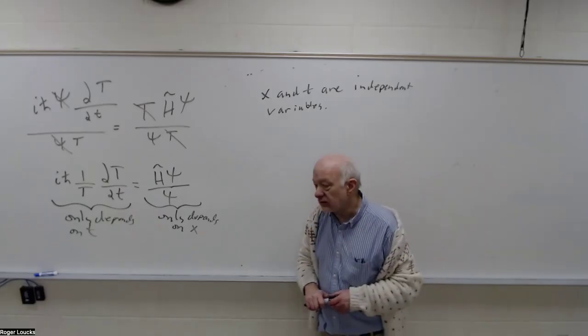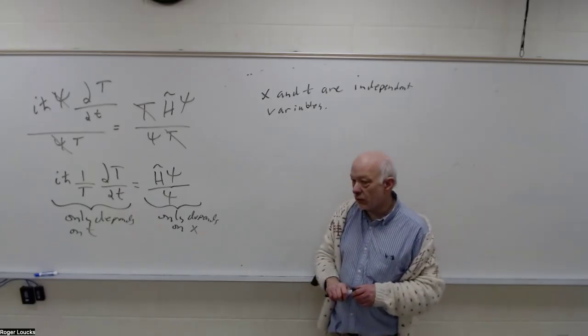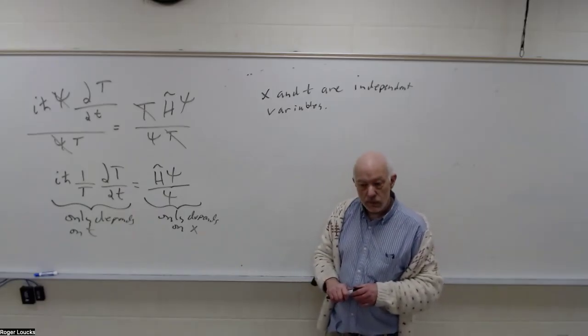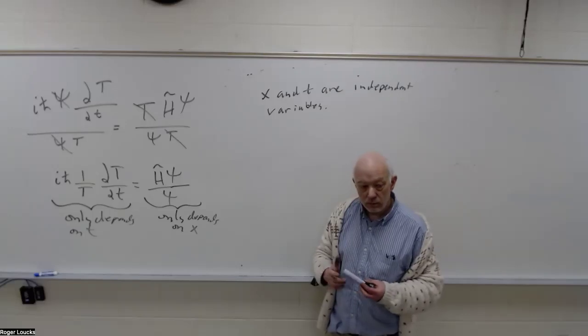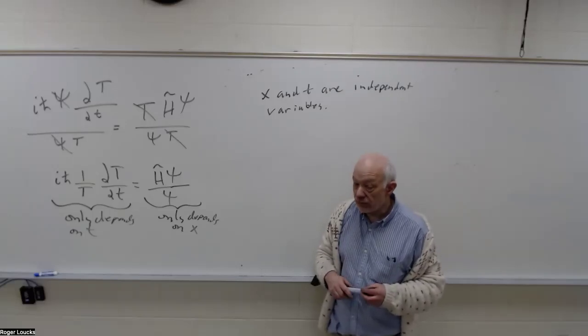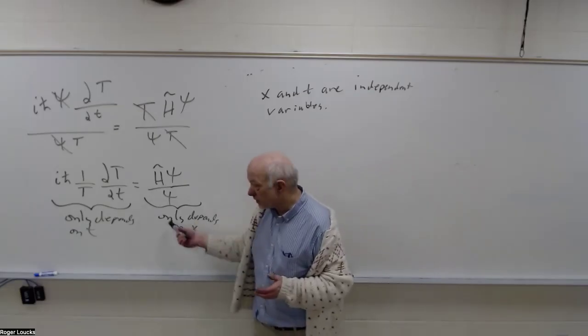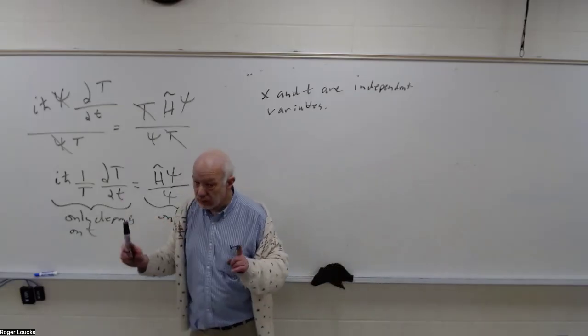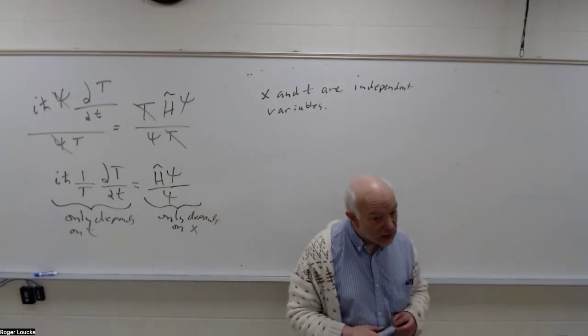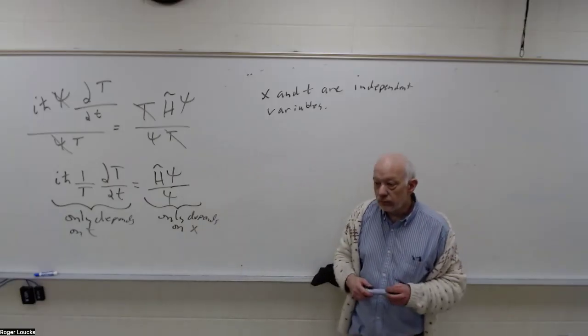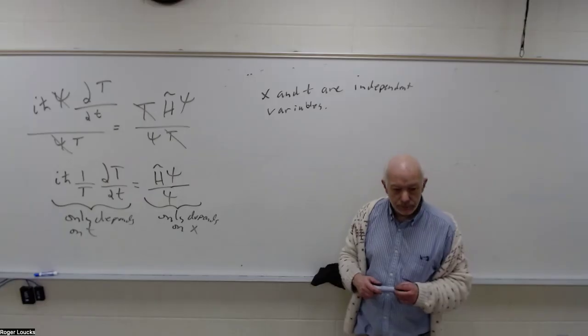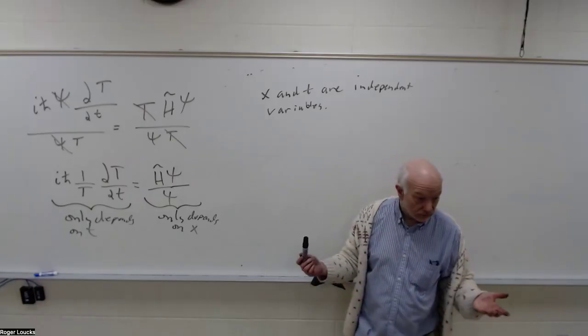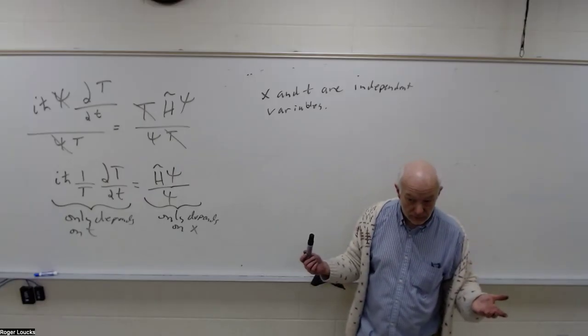What's the only way for that to be? How can you then have those always be the same? If they're always the same, and this only depends on x, which is independent, and this only depends on t, which is independent, that can only be equal if both terms equal a constant. That's the only way for this to happen.